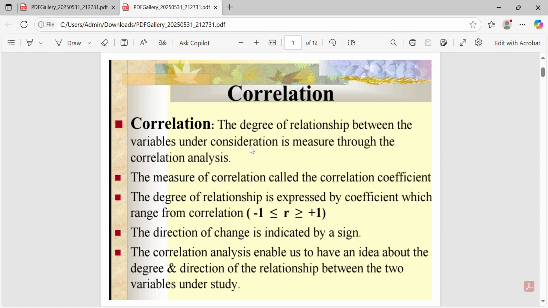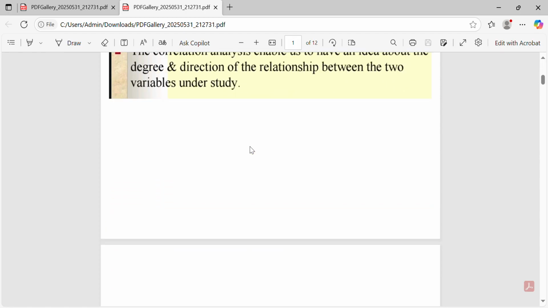The relationship between two variables can be measured quantitatively and expressed in terms of a mathematical formula. Correlation analysis gives us an idea about the degree and direction of the relationship between two variables under study.